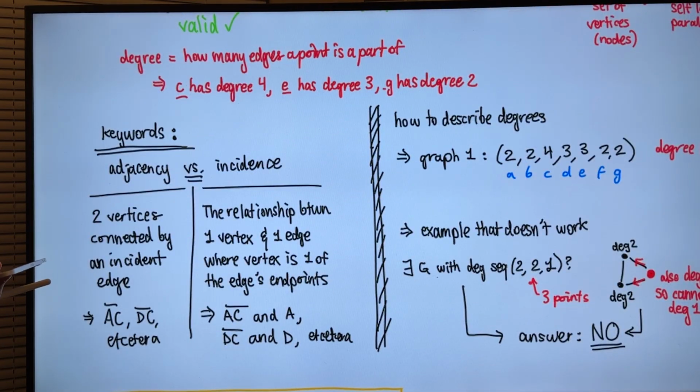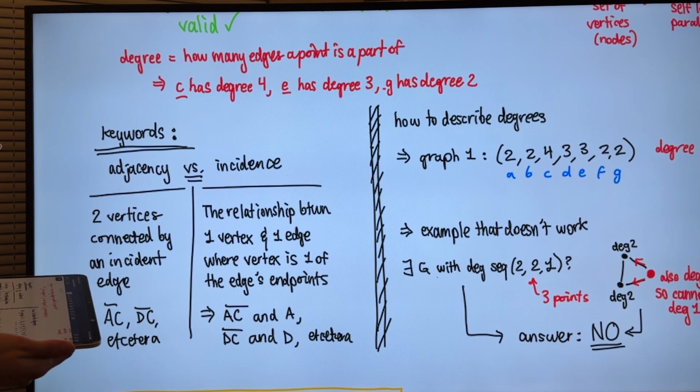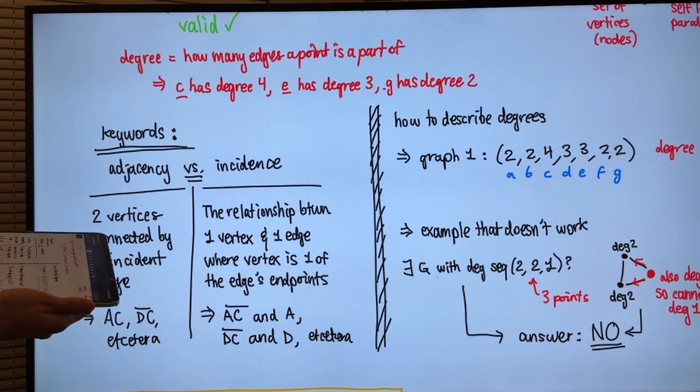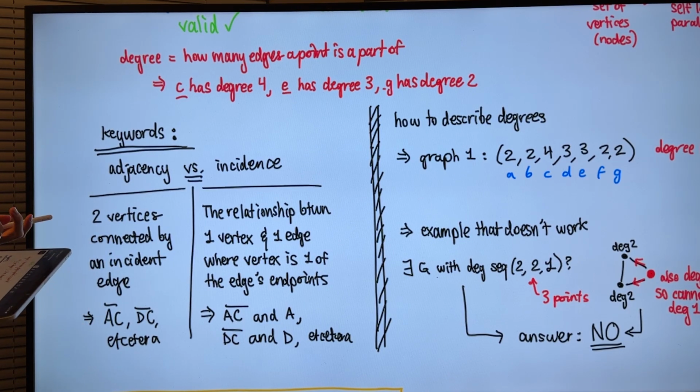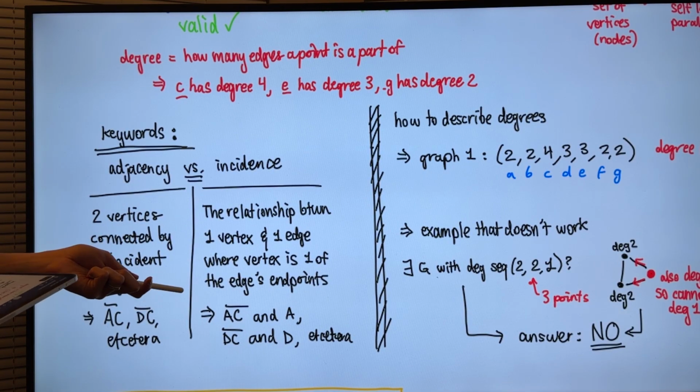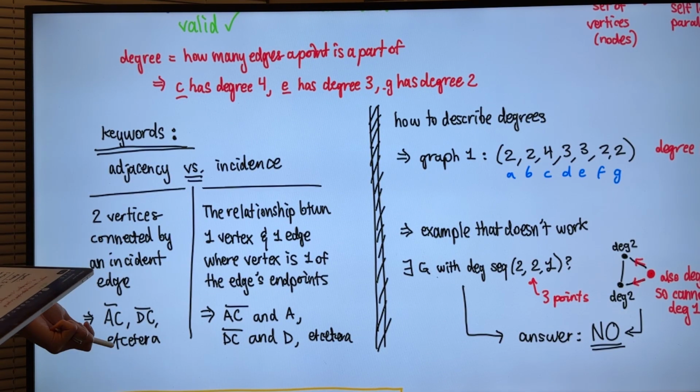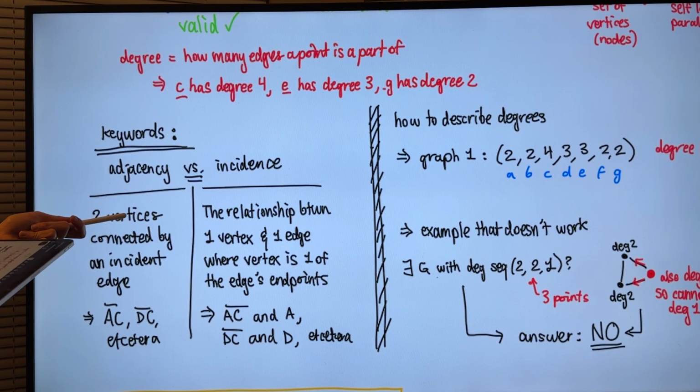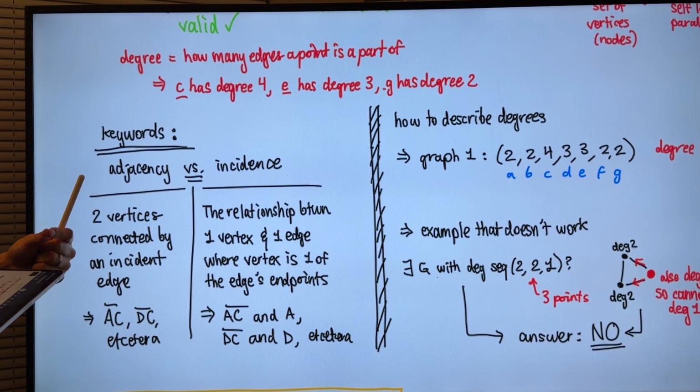A few keywords we want to keep in mind that you might hear a lot are adjacency and incidence. They are similar, but it is very helpful to not mix them up. Adjacency means 2 vertices that are connected by an incident edge. Let's look at the definition for incidence first and then jump back to adjacency. Incidence regards the relationship between one vertex and one edge where the vertex is one of the edge's endpoints.